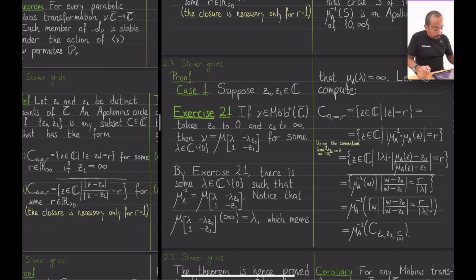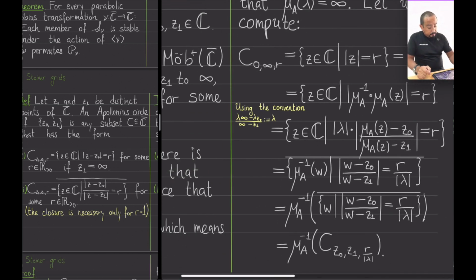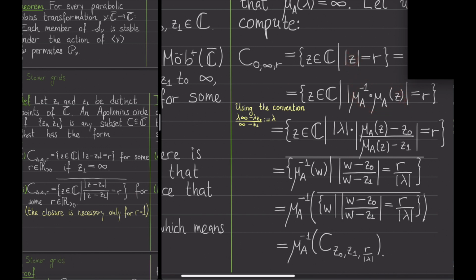Okay, and then I start the analysis. For a given positive real number R, the Apollonius circle of 0 and infinity is by definition this one, right? Here you can see it because that 0 is 0. And for any Z, I know this, so from here to here I have not changed anything.